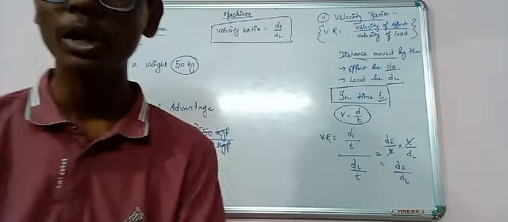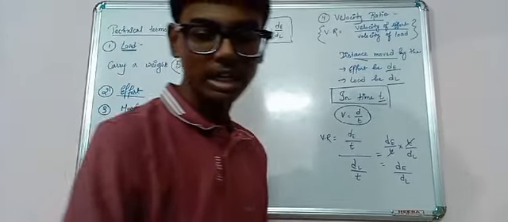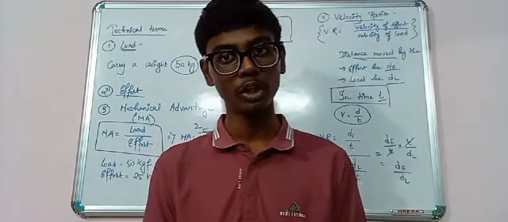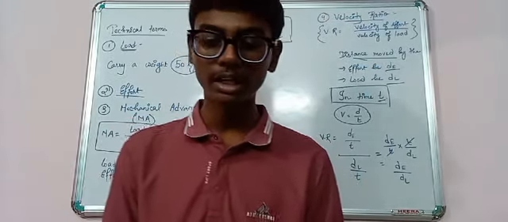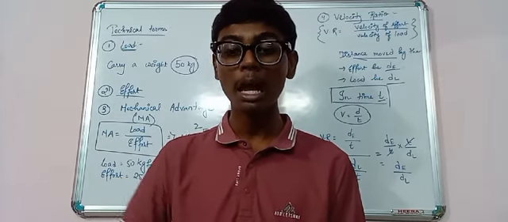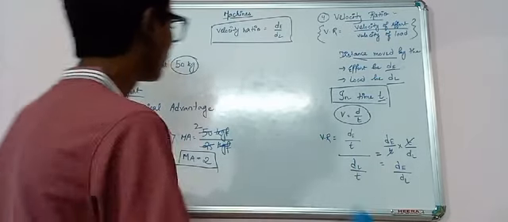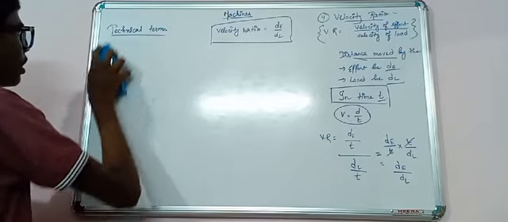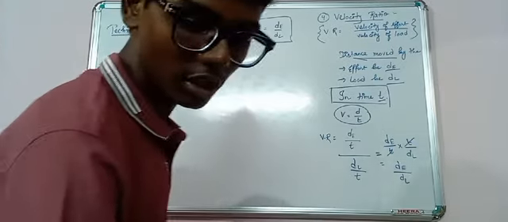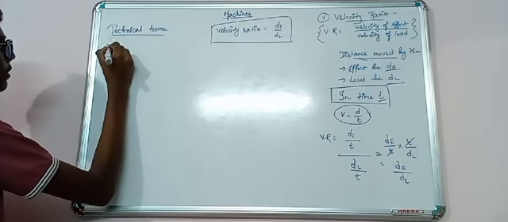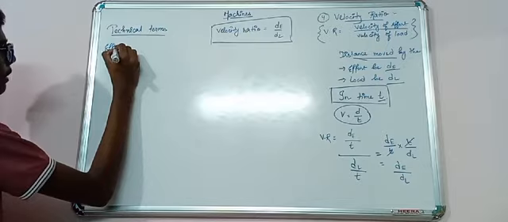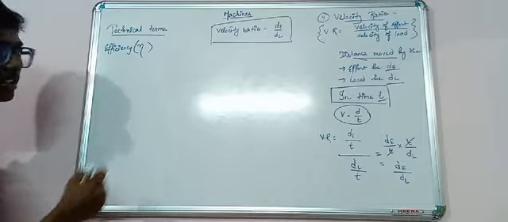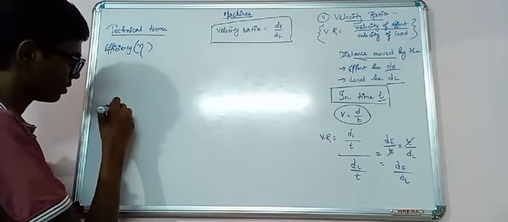Now let us come to efficiency. Efficiency of a machine is the ratio of work done on the load by the machine to the work done on the machine by the effort. Efficiency is generally represented by eta. This is my eta.